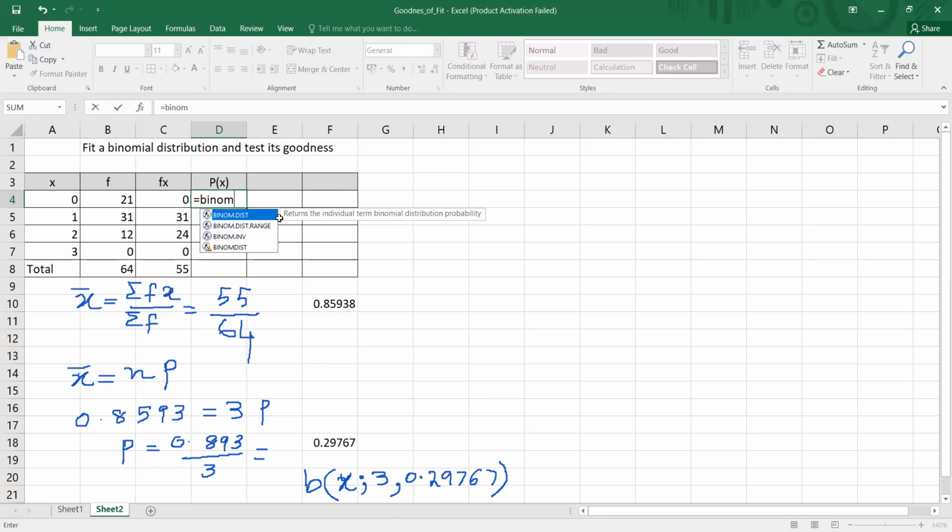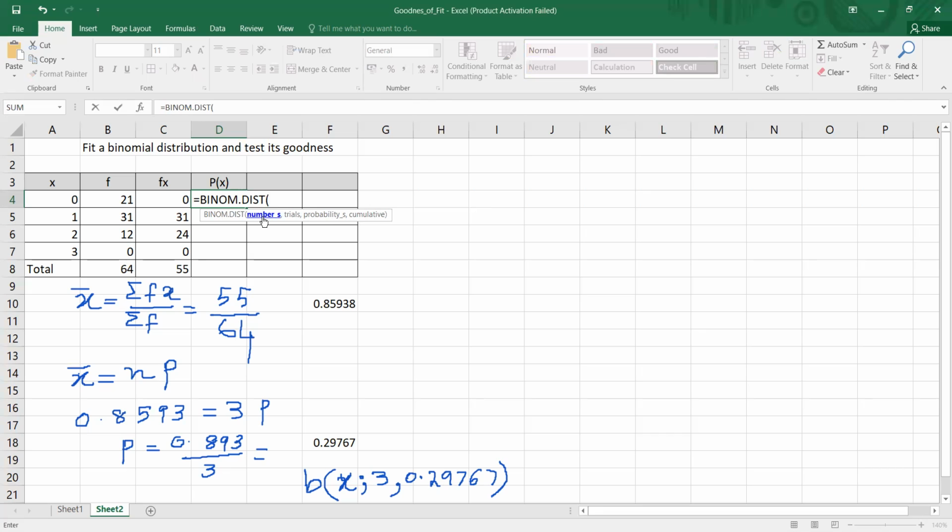It needs four parameters. One is the number s, which is basically the value of x for which we are computing the probabilities. The number of trials is 3, and the probability is 0.2976. For cumulative probabilities, write 1 here. If we need simple probabilities, 0 should be there.